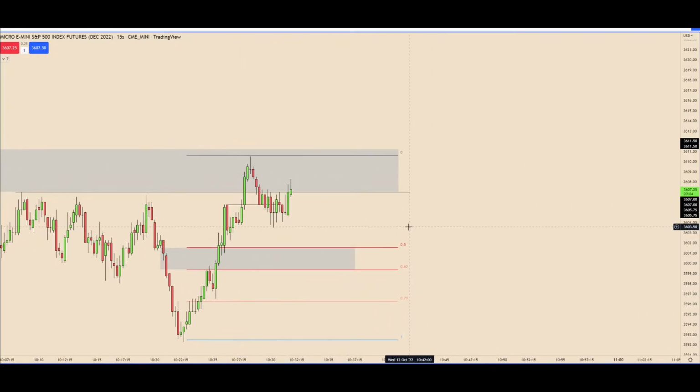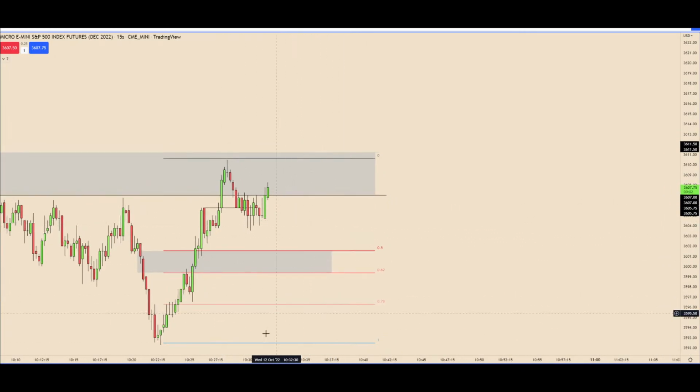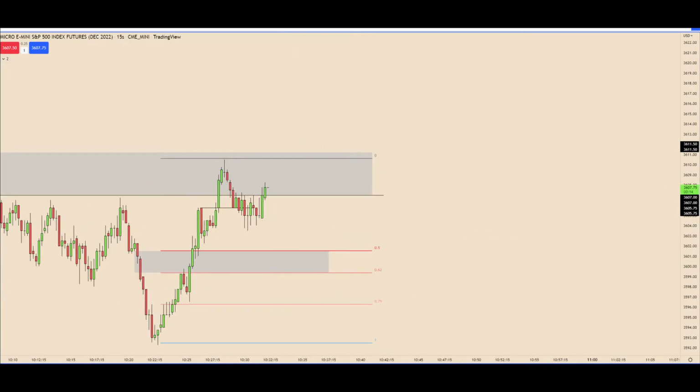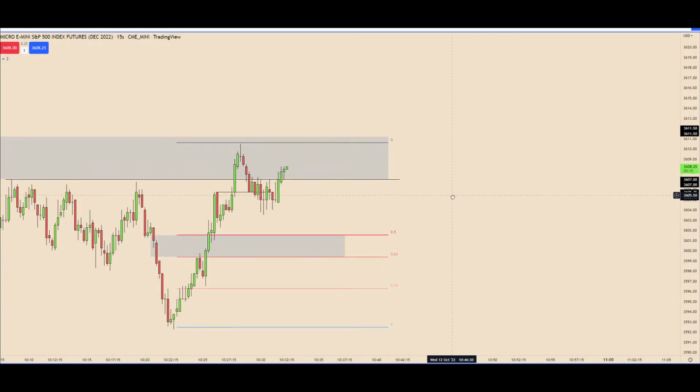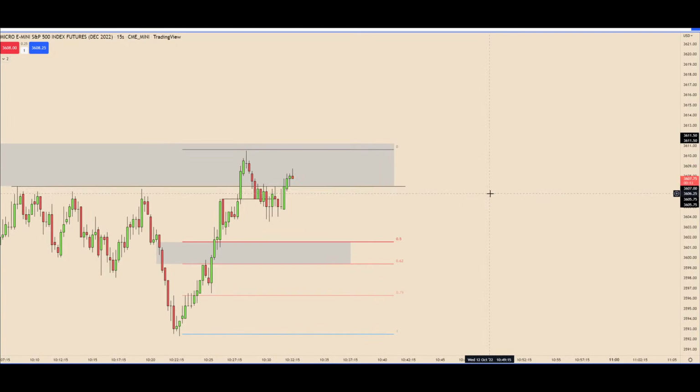So if we're on micros, it's going to be a lot more, but let's pretend these are minis. If you have a 5-point stop, right? 5 times 50. Sorry, it's the morning and my math sucks. 5 times 50, that's 250. So then you can take, what is that, 20 contracts? I don't know, my math is really bad right now. Second time frames are confusing.